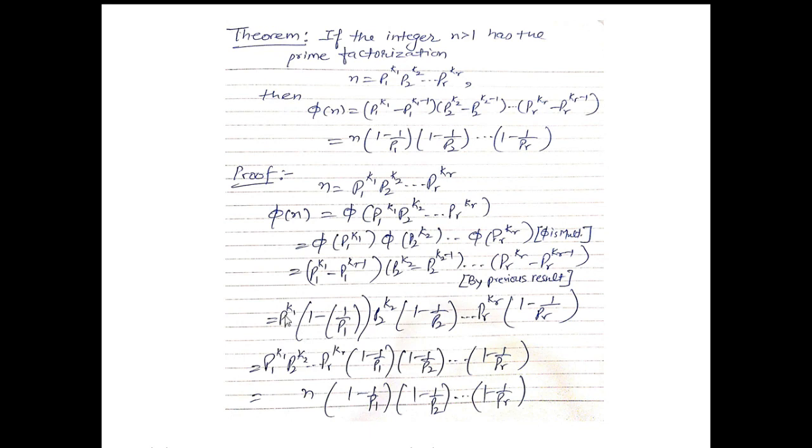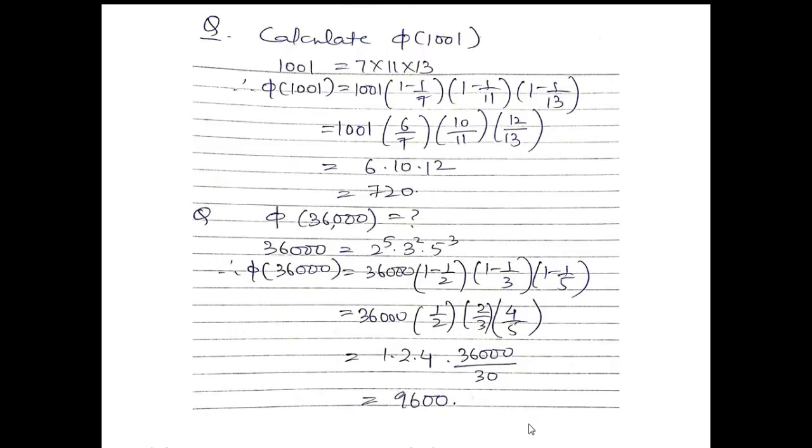Now let us write these numbers together, p1 to the power k1 into p2 to the power k2, and so on up to pr to the power kr. And these numbers, 1 minus 1 upon p1, 1 minus 1 upon p2, 1 minus 1 upon pr, write them this side. So what is this? This is your n. So n into 1 minus 1 upon p1, 1 minus 1 upon p2, 1 minus 1 upon pr. So we get our result.